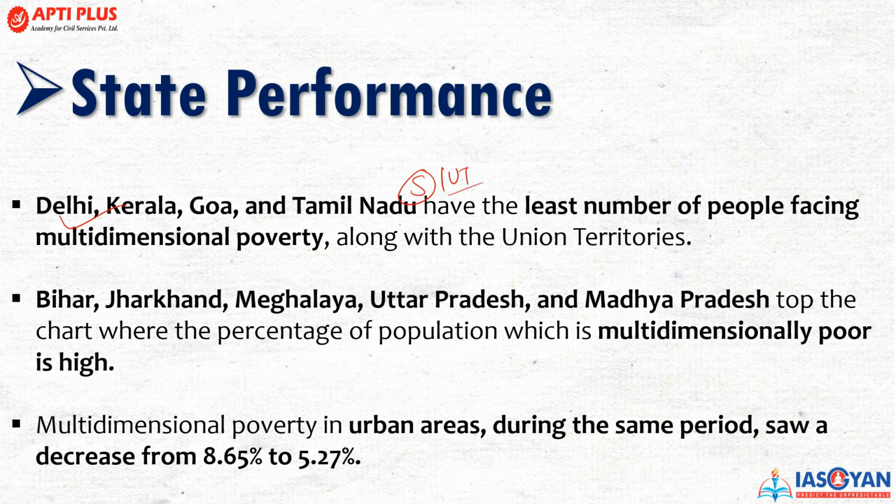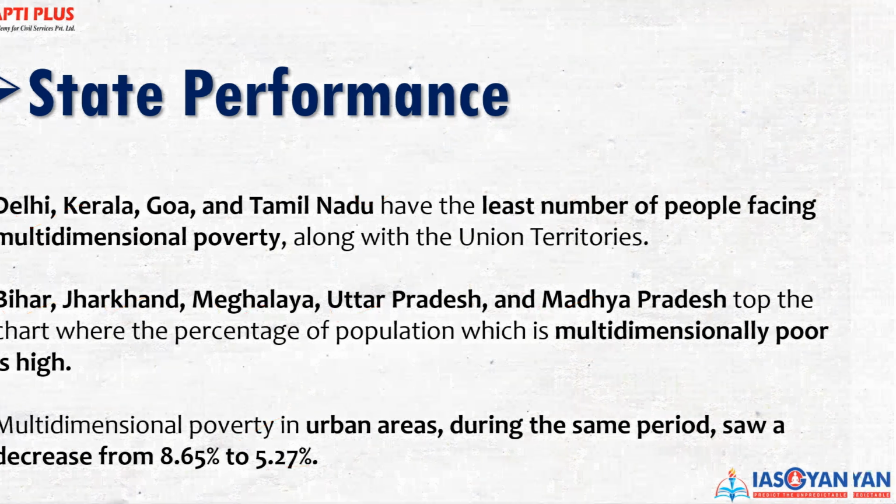Now, the states with poor performance include Bihar, Jharkhand, Meghalaya, Uttar Pradesh, and Madhya Pradesh. These are now on top of the chart when it comes to the percentage of population that is multidimensionally poor. Multidimensional poverty in urban areas during the same period saw a decrease from 8.65% to 5.7%.